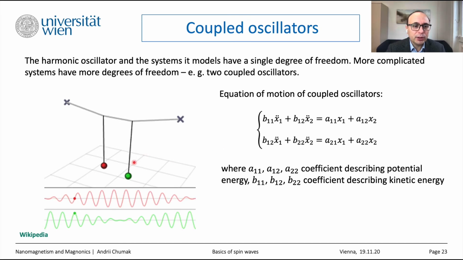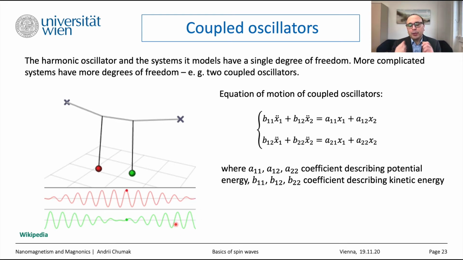As soon as you have oscillations, you see that at some point in time, like now, this one oscillates and this one does not. And after some time, this one oscillates and this one does not. So here you see the amplitude of precession. You see now all energy is in red and nothing is in green. But after some time, there will be no energy in the red and everything will be in the green.